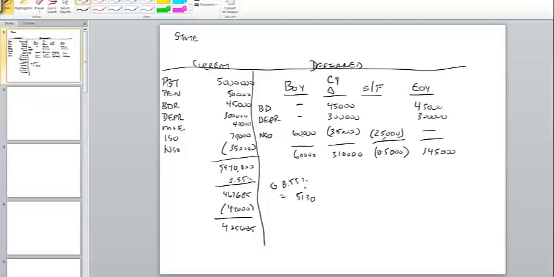And if I take 310,000 times 0.0855, that is 26,505. 25,000 times 0.0855, I did the math wrong, 25,000 times 0.0855 is 2,137.